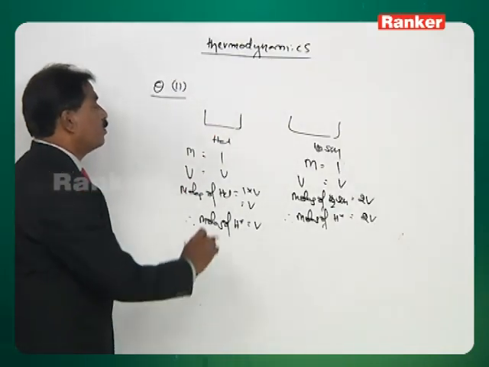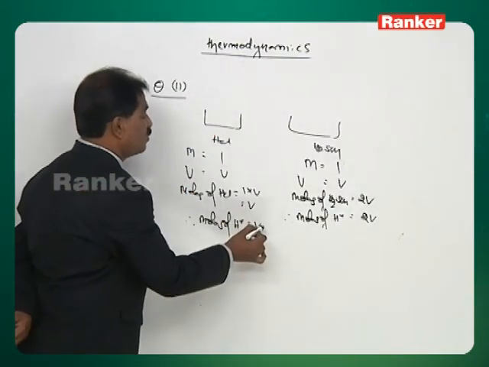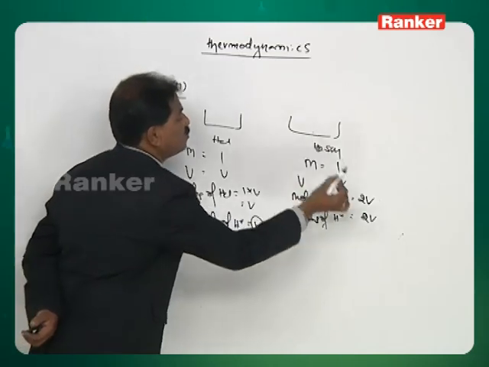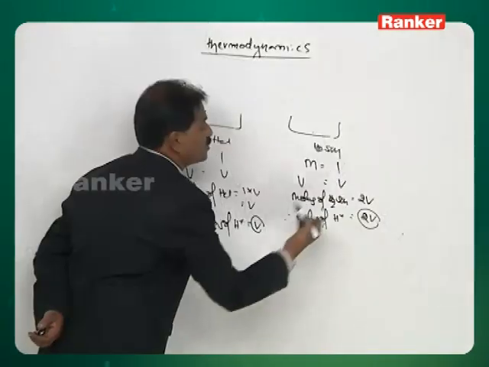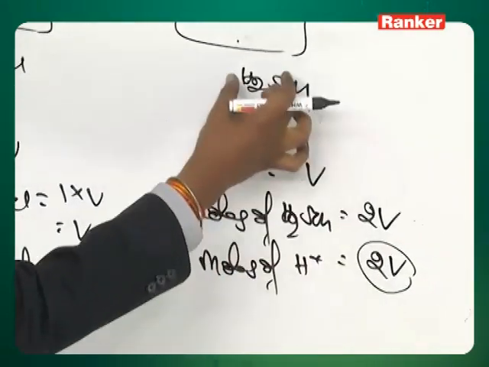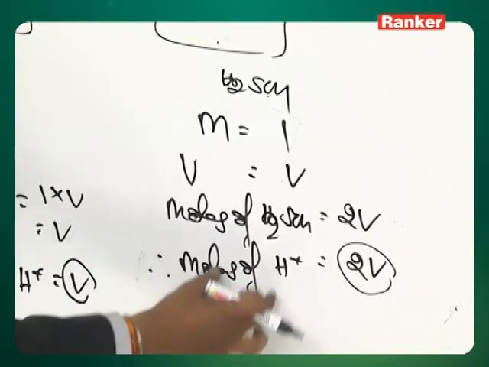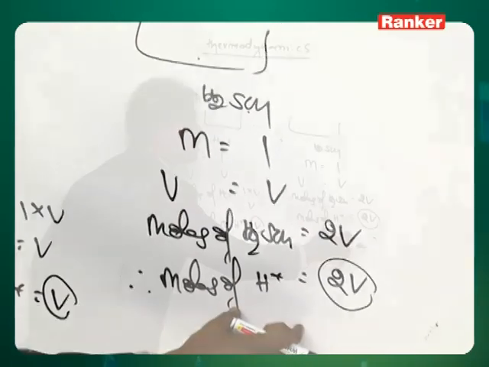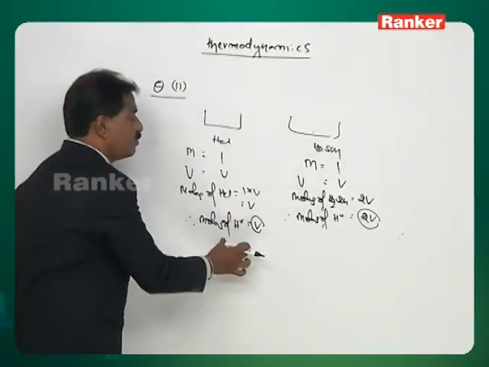Next, now in this first solution, total moles of the H plus are V. In the H2SO4, total moles of the H plus are 2V. That means here total moles of the H plus ions are more. Therefore, more degree of neutralization takes place. Hence, more amount of the heat will be liberated here. Here, less amount of the heat will be liberated here.